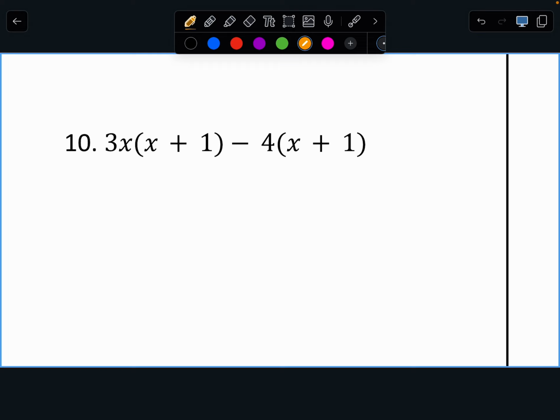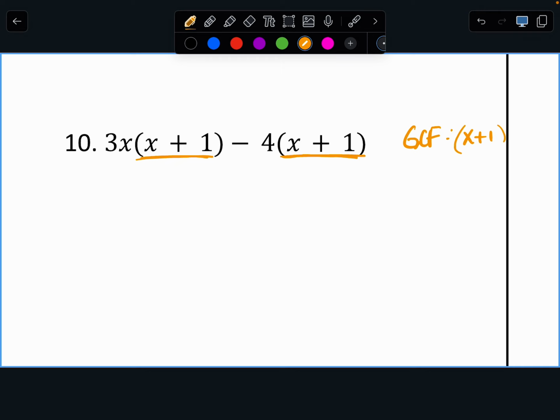What's in both things? This is in both things, right? There isn't a single x in both things. I can't divide 3 and 4 by anything, but this, because that's in parentheses, is the same thing. That's in both terms. So then that means my GCF is x plus 1.